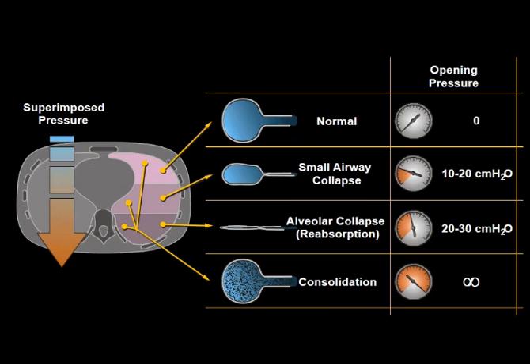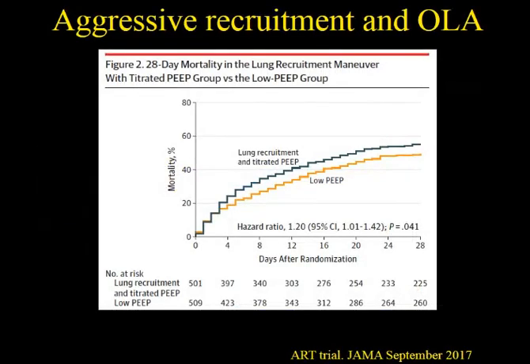Be careful with ultra-protective ventilation or this kind of thing, which is severe hypoventilation and generates this. And then we have parts which are consolidated. The problem for doctors is to understand, in a given patient, where they are and how many they are, because the therapy depends on this.